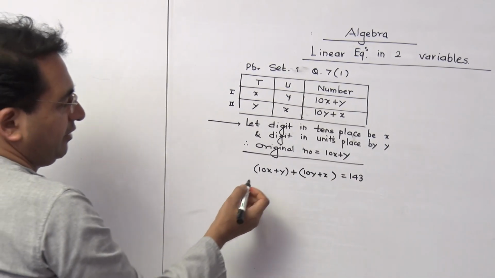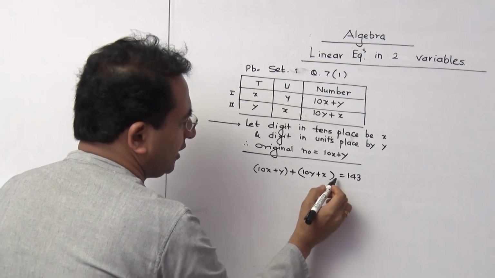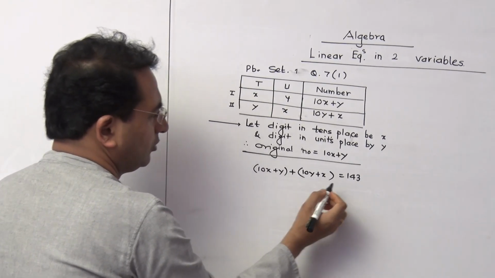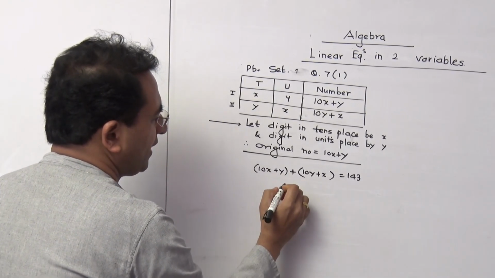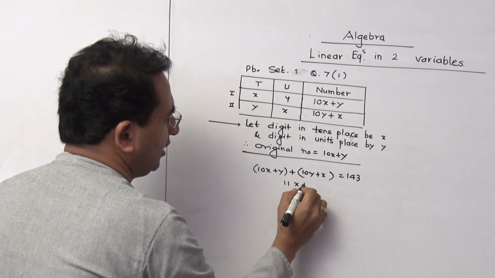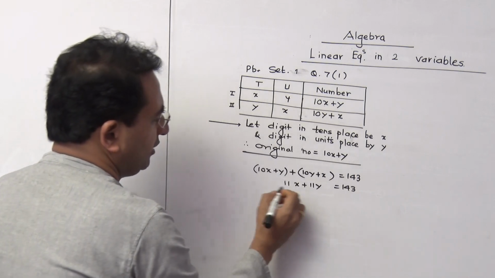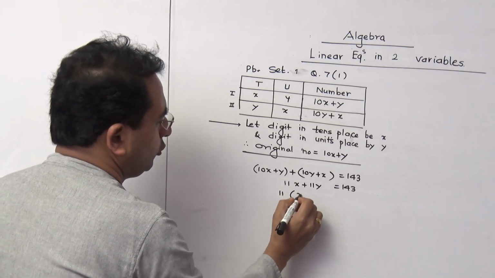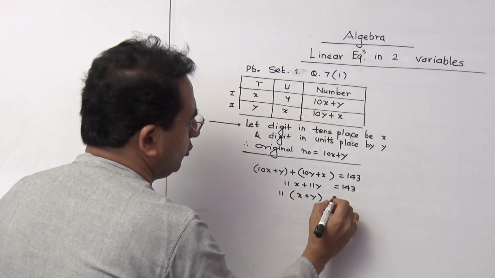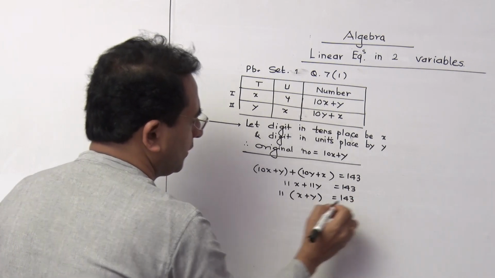Now there is nothing difficult in this. Now when you add it, there is no need to open the brackets because all signs are plus. You can write easily 11x plus 11y is equal to 143. Now in this you can take 11 common, into bracket x plus y, that is equal to 143.